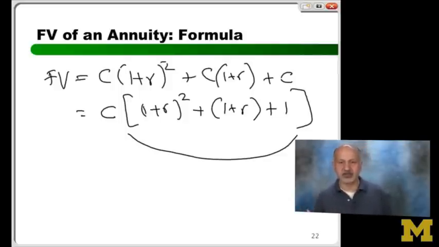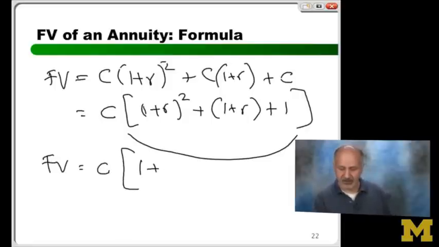Well, this is what? This is the future value factor of what? Not 1 payment, but 3 C's happening 3 times in year 1, 2, 3. At the end of those years, nothing happening at time 0, right? So the general formula, which I will write for you, turns out to be this.